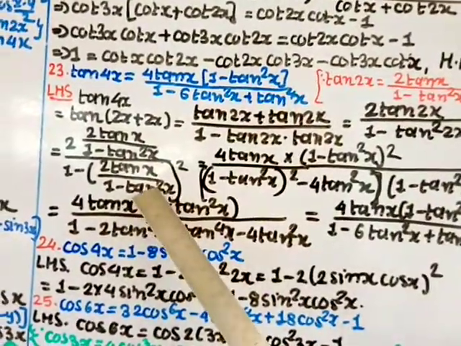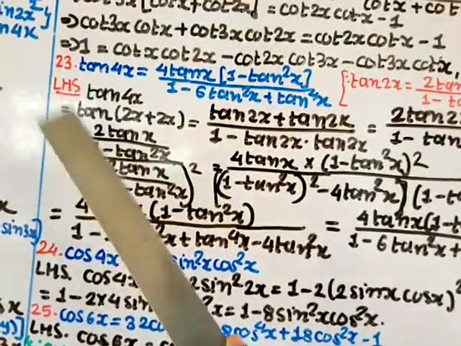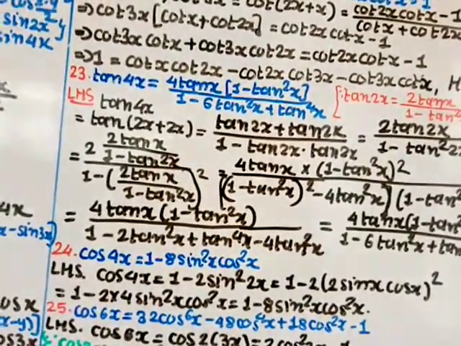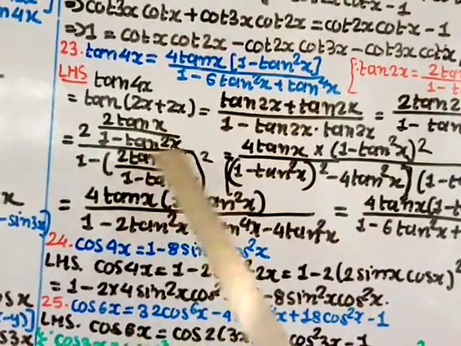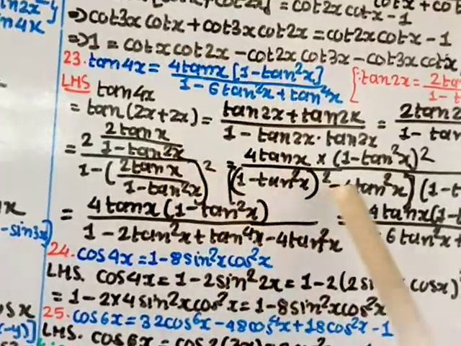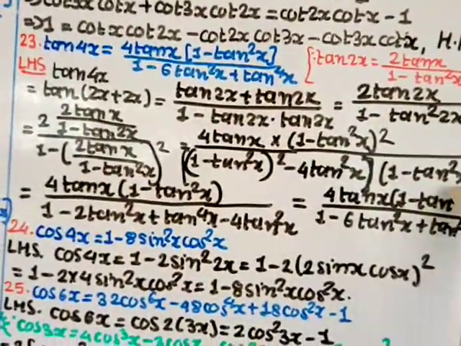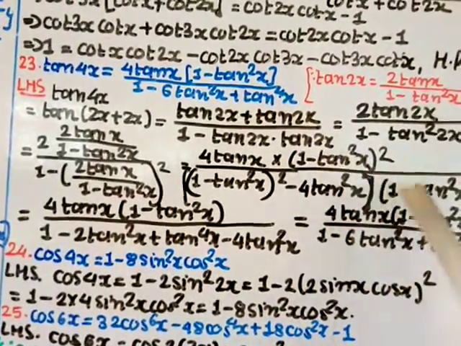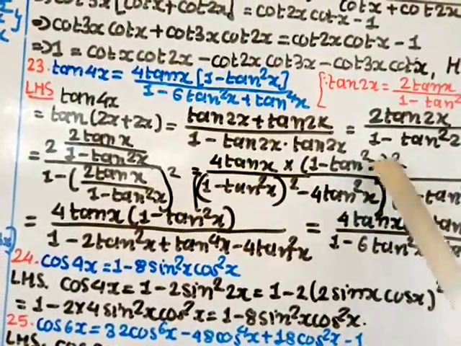This denominator is taken here but it's a square, plus you have to multiply 1 with 1 taking the LCM and then only take it in the numerator, otherwise it will be wrong. So here 1 minus tan square x whole square, and 2 into 2 is 4, and tan x whole square is tan square x, and the denominator of the numerator I am bringing down. This 1 minus tan square x and 1 minus tan square x whole square, so one will cut, and this fully cuts, and here 1 remains.